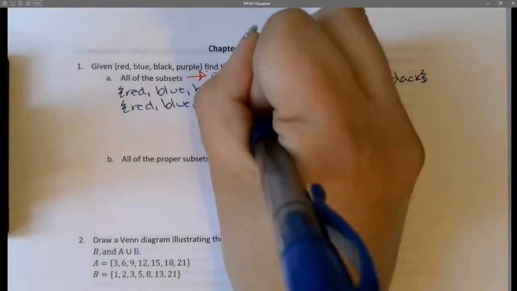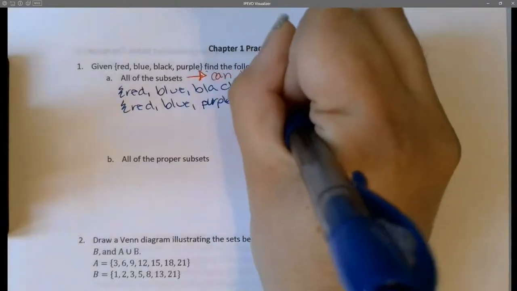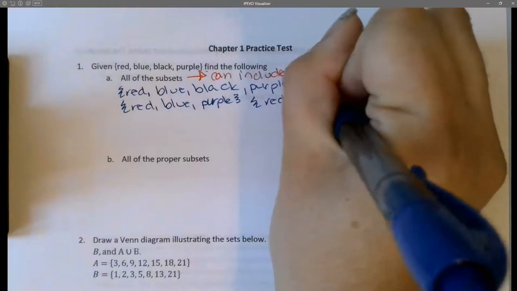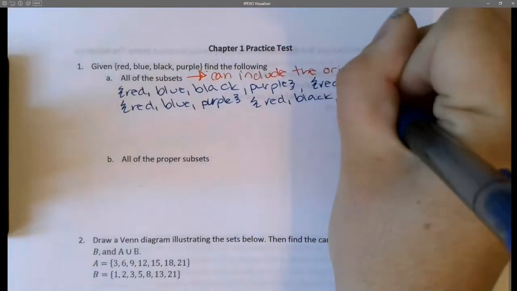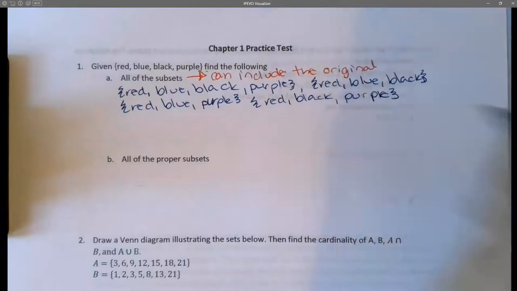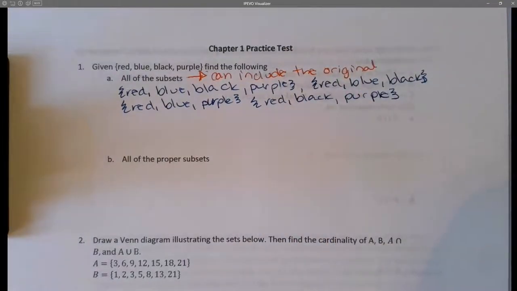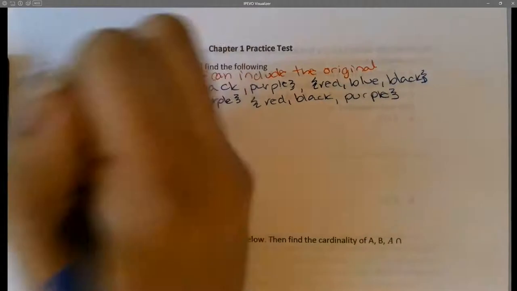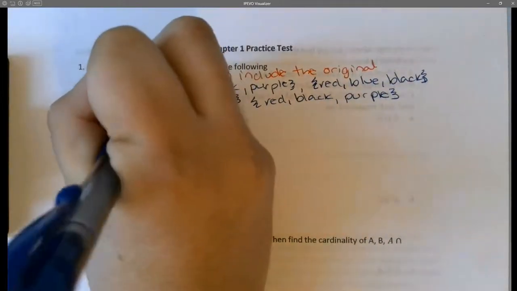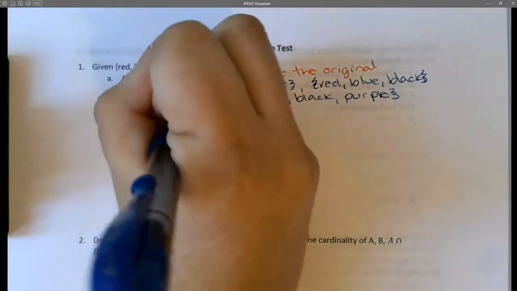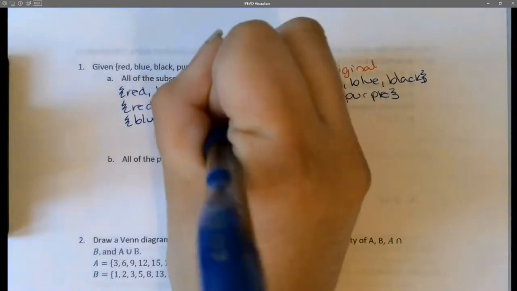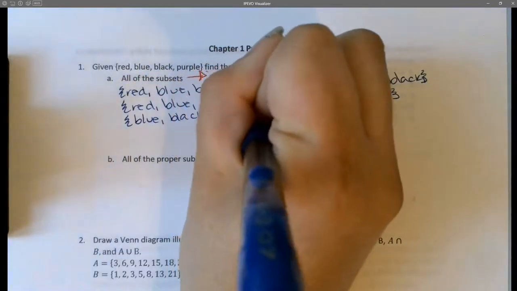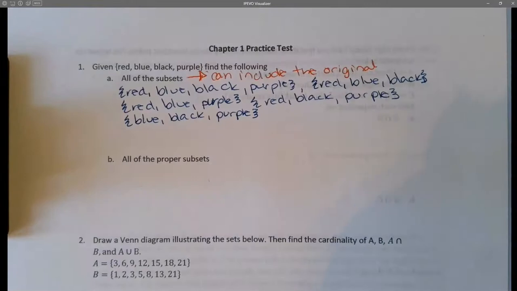Then I can do red, black, purple. Okay, and then I can do everything but red. So I can do blue, black, purple. And those are all of my 3 groupings.